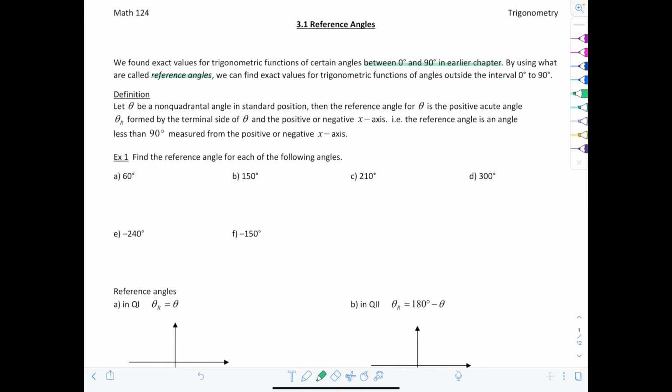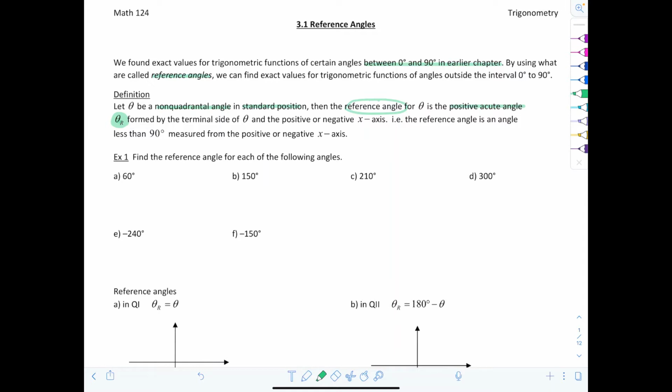Let theta be a non-quadrantal angle. Remember, that means an angle that does not terminate on either the x or y axes in standard position. Then the reference angle for theta is the positive acute angle, and we denote it theta with a little r as a subscript, formed by the terminal side of theta and either the positive or negative x-axis.